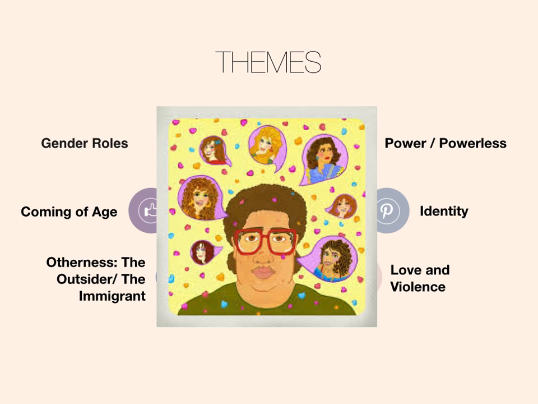Power or powerless. We talked about power sort of at the beginning. We said that some of them have power. Lola felt like she had power when she was able to finally take charge of her life and escape the grasp of her mother. Belly felt power when she was able to develop her body, and she found that as an escape.